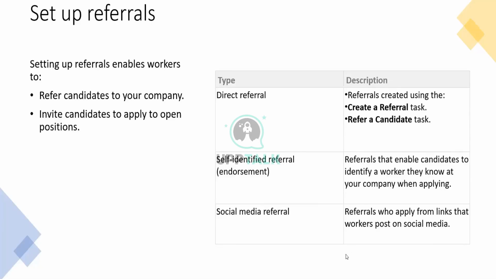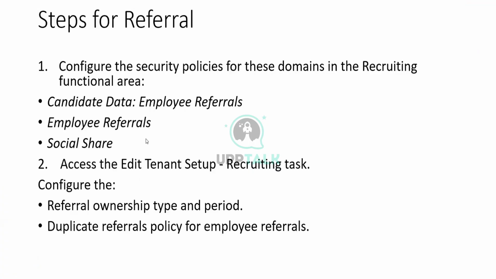That is just simply sharing our URL. But this is also a referral type only. The ownership would be given to the person. These are the domains related to referral.